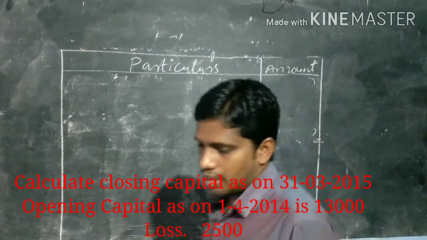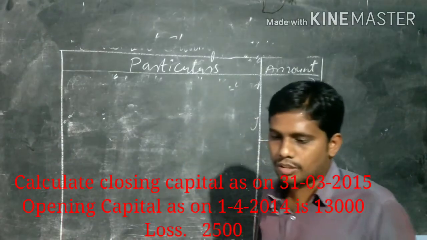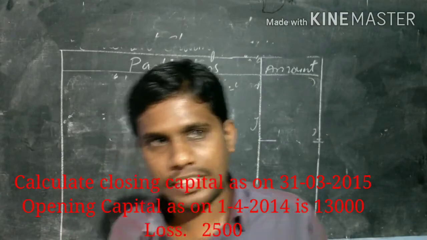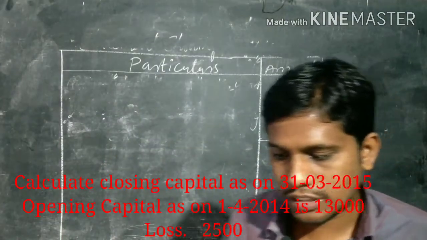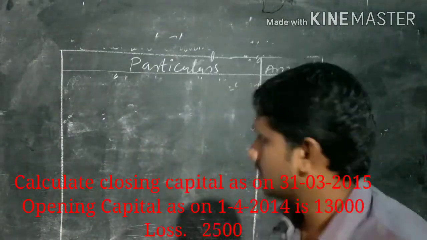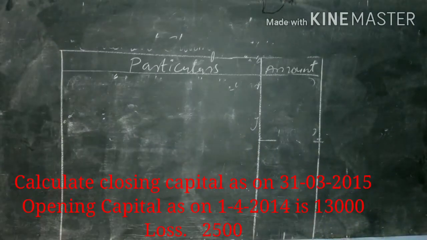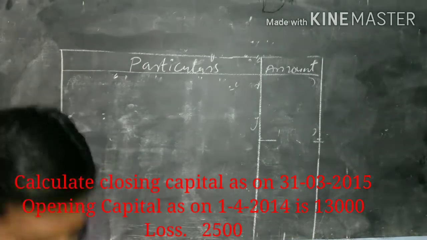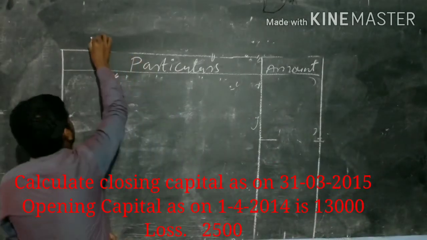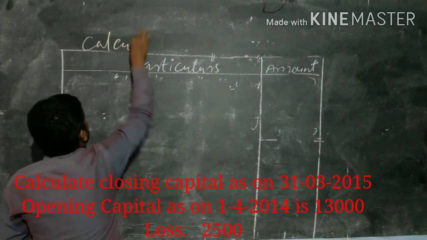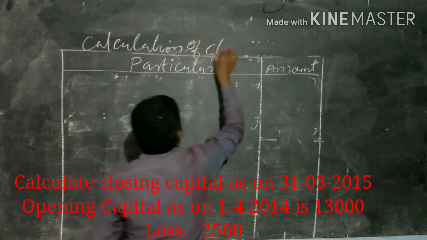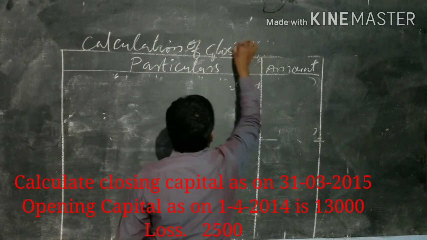You see, in the first formula, as I told you, closing capital equals opening capital; if profit is given, we need to add, if loss is given, we need to deduct it. So this is the calculation of closing capital.